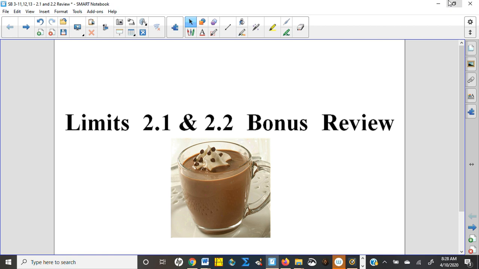So under the same heading where you'll find your Google quiz link, I'll have a PDF that you can download, just a single page, 4 nice boxes for you to do your work in on some limit problems similar to the types that we did in our examples and that you've been practicing, and heck, I might have even thrown a bonus in for you because I know you love your bonuses.